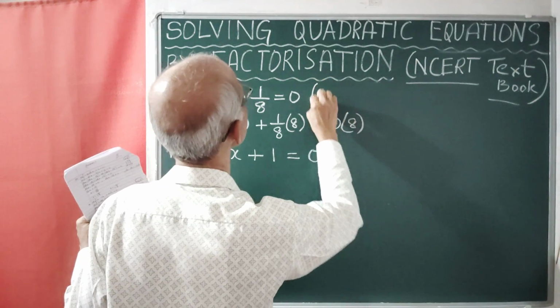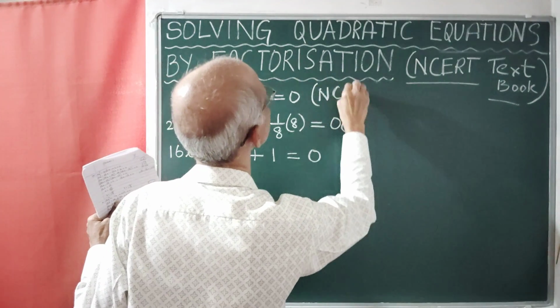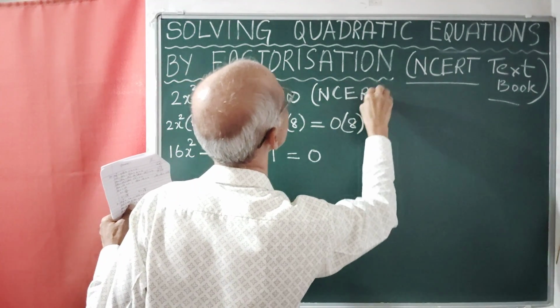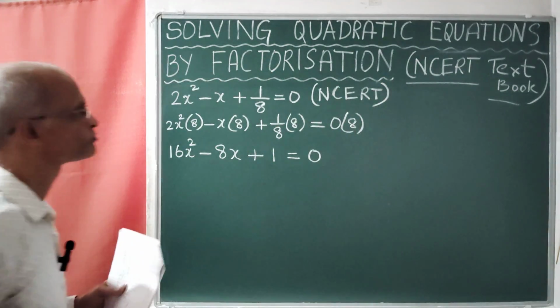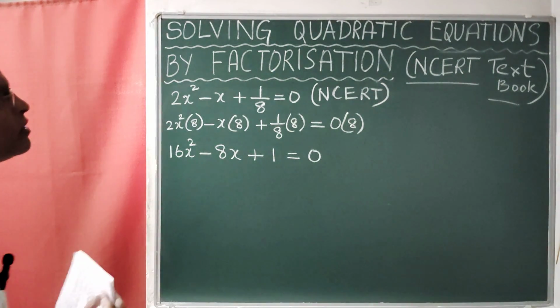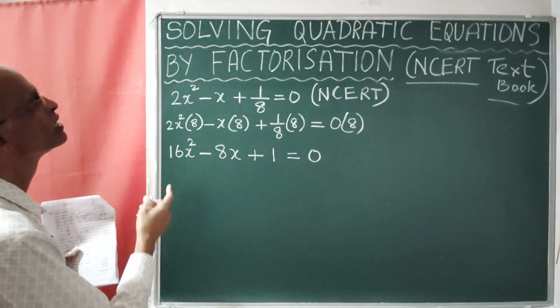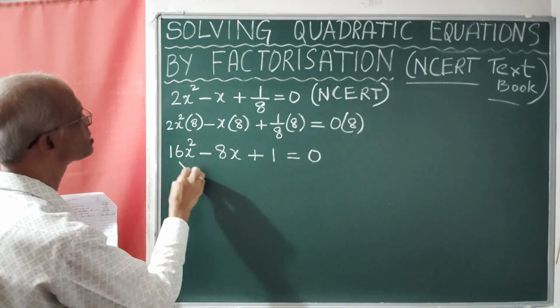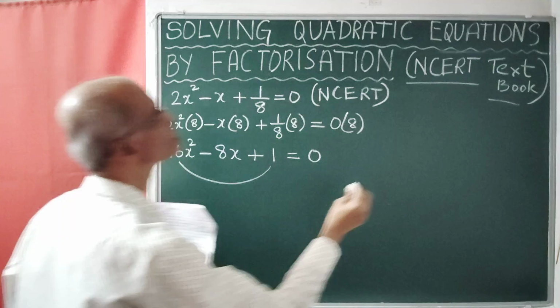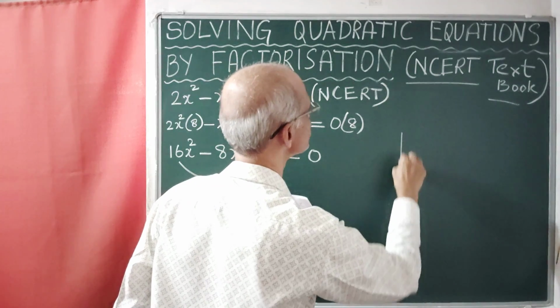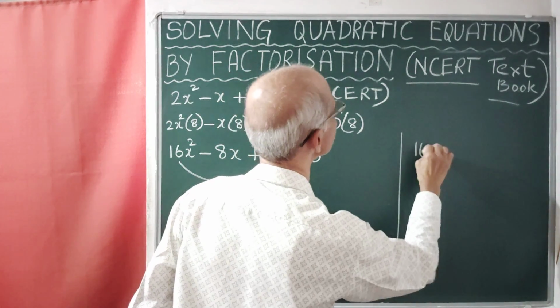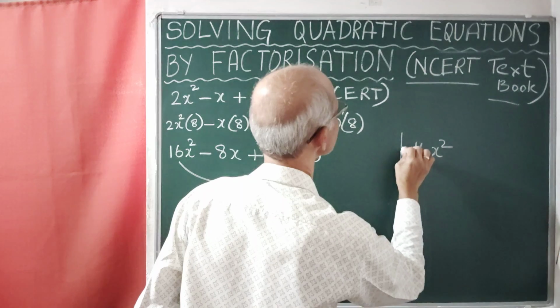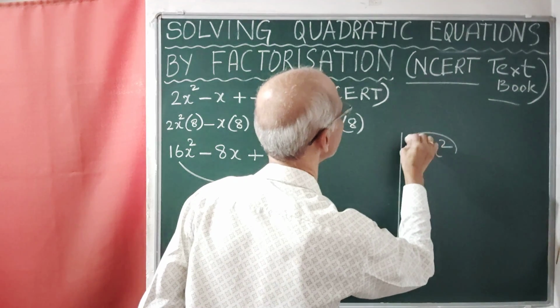This sum is from the NCERT textbook. First term into last term, I'll get 16x square.